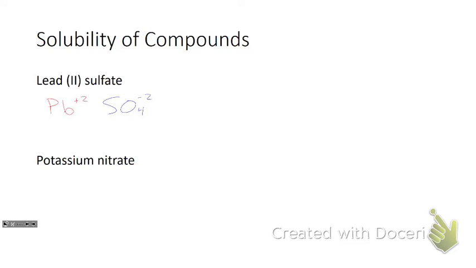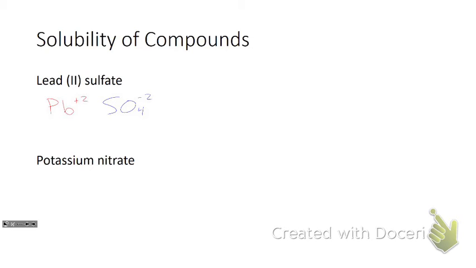Now, you need to get your solubility table, and in the top column is your ions. So you can either look for the lead plus 2 ion or the sulfate ion. I see the sulfate ion. Point to the sulfate ion when you have found it. Okay, perfect.